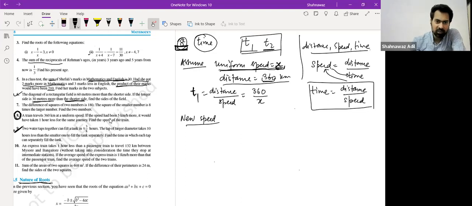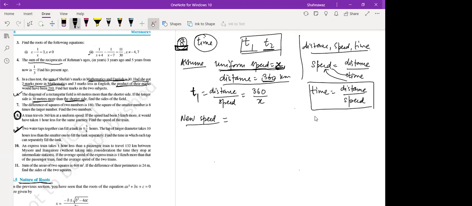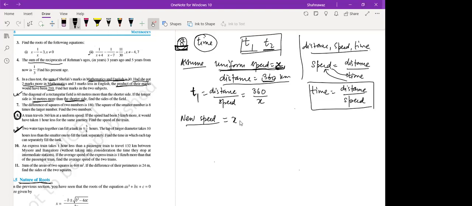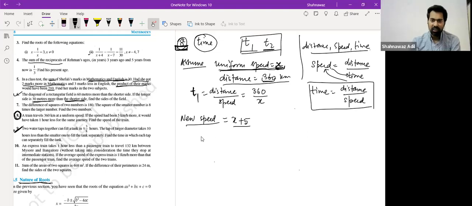The new speed is 5 km/h more, so what would that be? 5 times is 5x, but 5 more is 5 plus x, right? Yes. So x plus 5 is the new speed, and the distance remains the same, 360 kilometers.